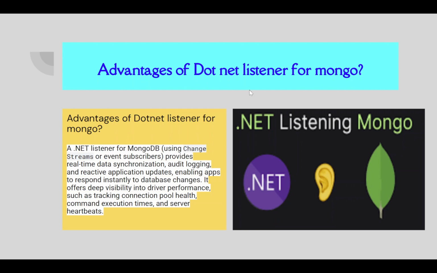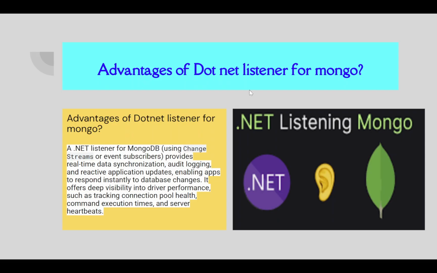The advantage I see here is that you can now define .NET listeners, .NET services. Instead of those services listening to a service bus or a Kafka topic, they can listen to your Mongo collection directly. So when there is an update, when there is a new record, your .NET service picks those new records and you can do the background process, and you can either insert data into a new collection or you can send this message to any Kafka.